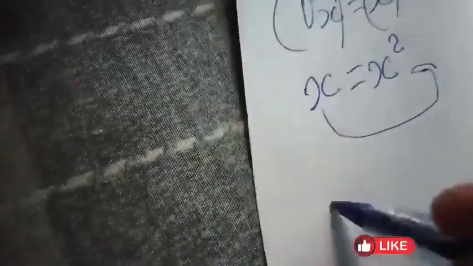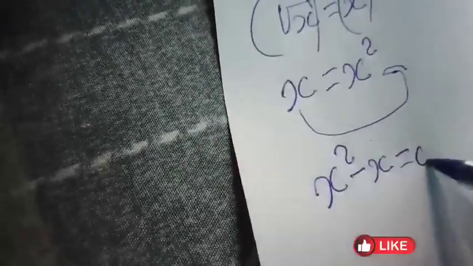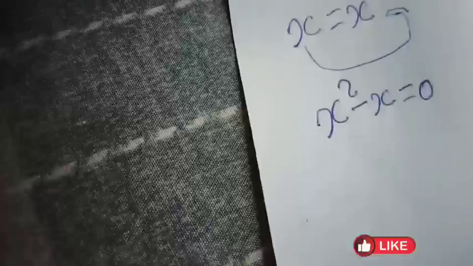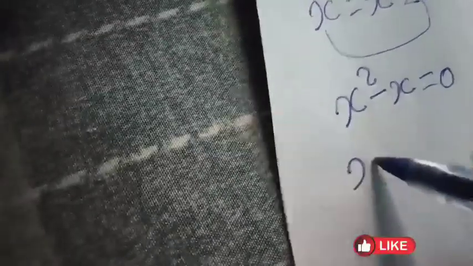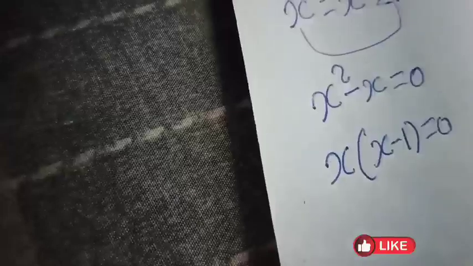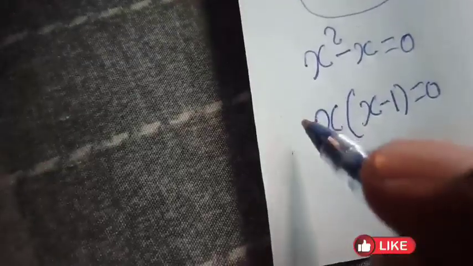Shift to the left side: x square minus x is equal to 0. So the common value is x. x into x minus 1 is equal to 0. So we have two cases.